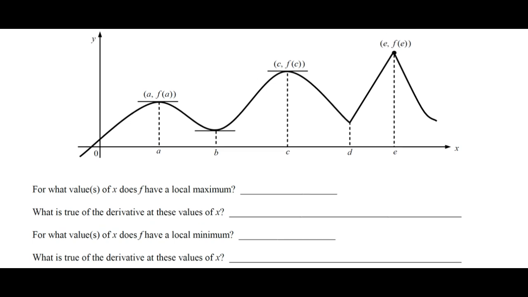A, then C, then E. A, C, E. You got that one aced. What is true of the derivative at these values of x? It's 0. Okay, it is 0, it is 0, it does not exist.